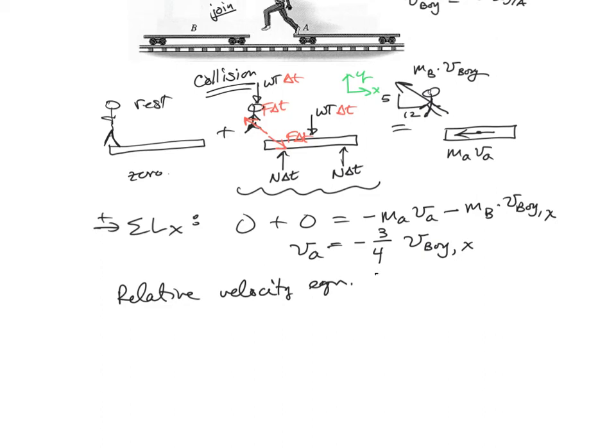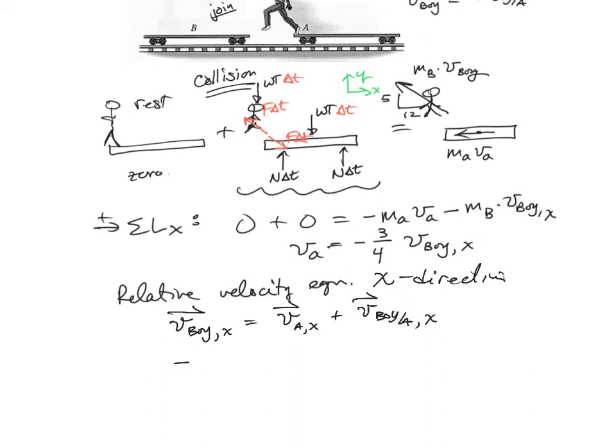And I'm going to apply this only in the X direction. All right, so just to remember the velocity of the boy in the X direction, right? This is a vector equation. It's going to be the velocity of A in the X direction plus the relative velocity of the boy with respect to A. So we have to go back to our picture as to how it's drawn.